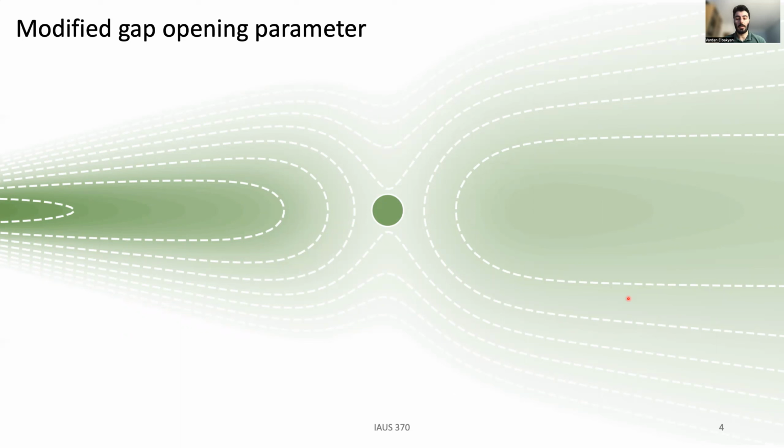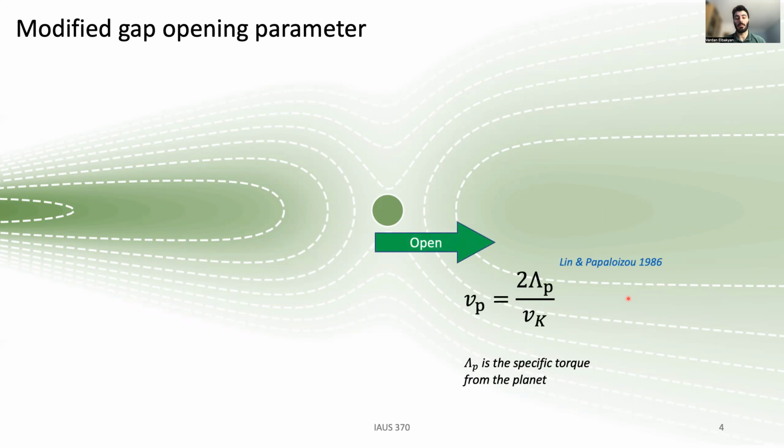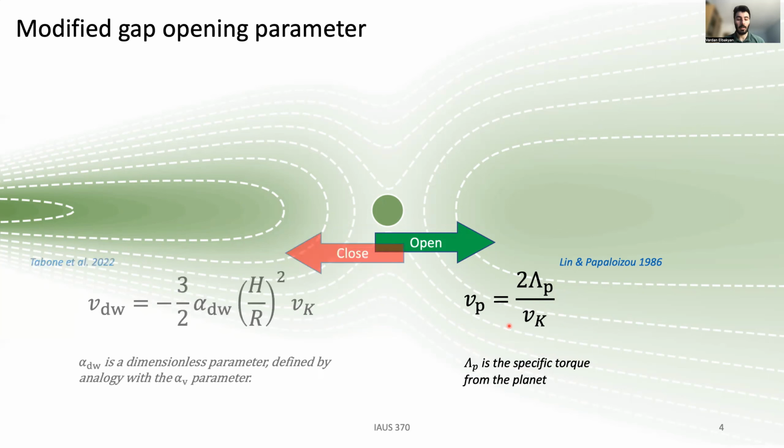As you know, the angular momentum gained by the gas disk due to disk-planet interaction results in an outward flow of the gas from the orbit of the planet with this velocity Vp, which tries to open the gap.